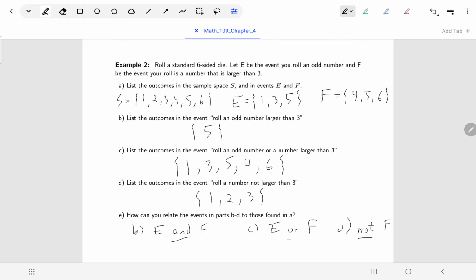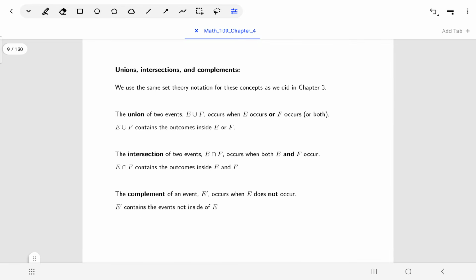Probably no surprise here. I kind of gave it away earlier when I said we're going to be using and reusing some earlier set theory notation. So probably not a surprise that for and, or, and not, we're going to be using the same symbols that we used in set theory: the union, intersection, and complement.